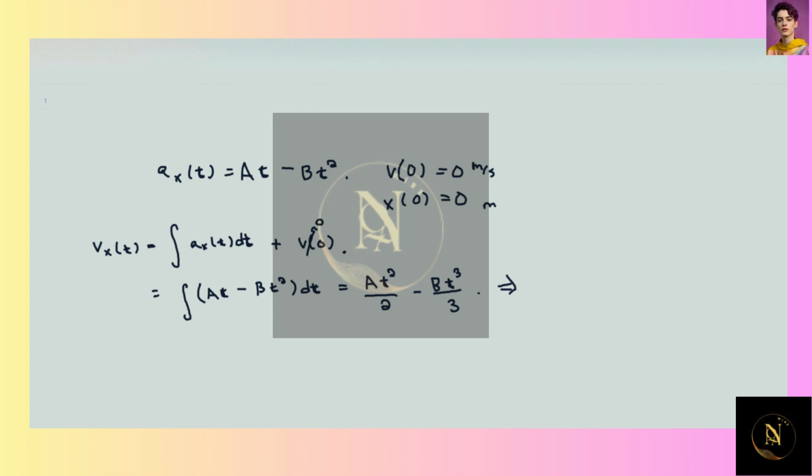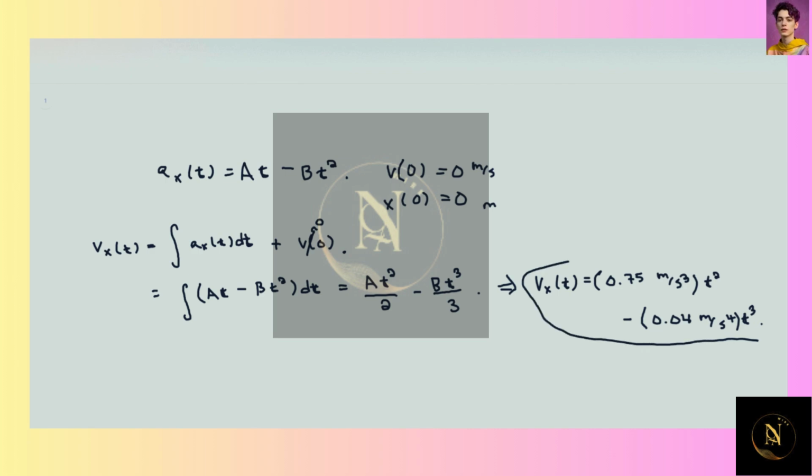So plugging that in, I get that Vx of t is equal to 0.75 meters per second cubed t squared minus, plugging in b here and dividing by 3, I get 0.04 meters per second fourth times t cubed. That would be your answer for Vx of t.